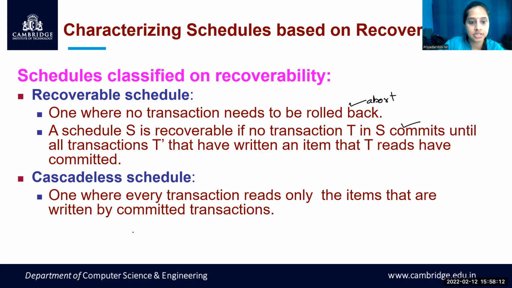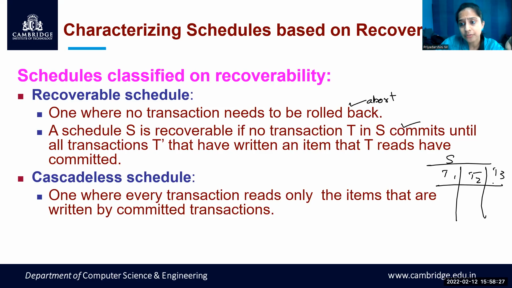Right? Next, cascading schedule is nothing but, if one has to redo the operations, the complete schedule I can redo and undo. All this time we were talking about each transaction. So if I have many transactions, T4, T5, the complete schedule can be cascaded.